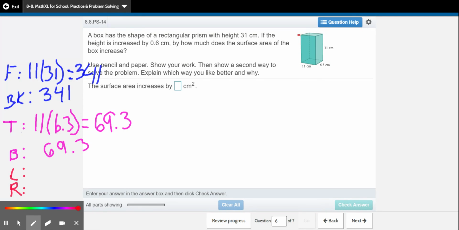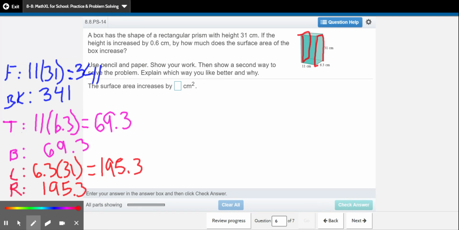All right, so we have the left and the right, which is 31 and 6.3. And multiply that together, and we get 195.3, or 195 and 3/10.